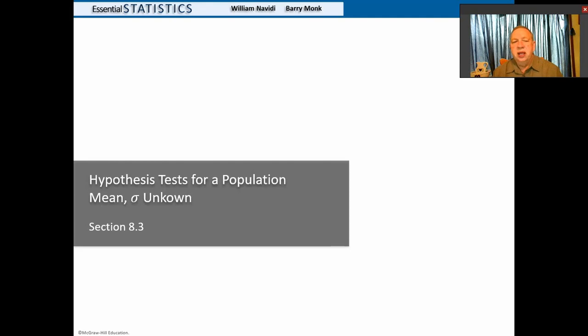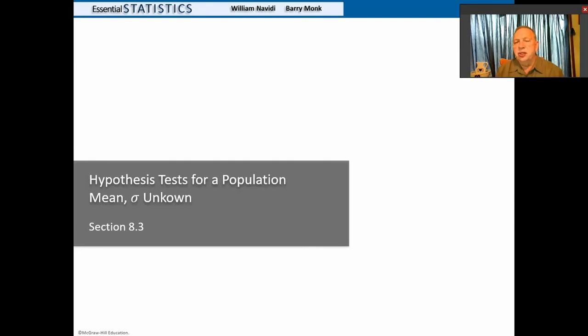So this is a brand new parameter. We get a claim from, let's say, a commercial or a politician, and we want to go back and test that claim. There's no information that we know about the population parameter value. So this is what section 8.3 is about.